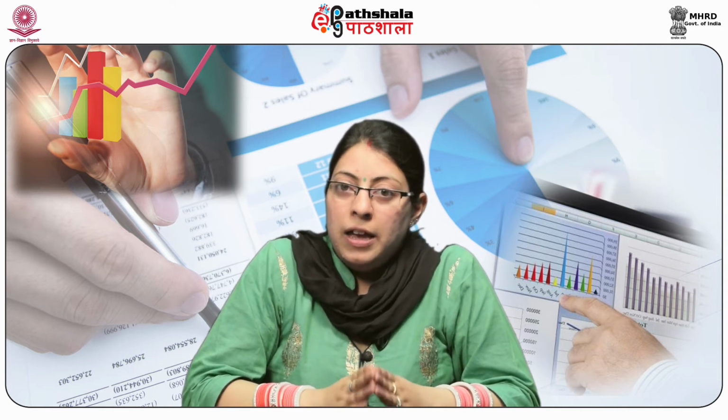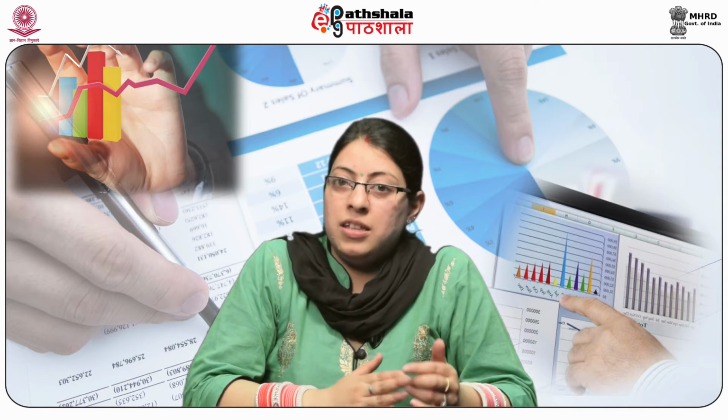Fixed asset to net worth ratio is calculated by dividing fixed assets, that is after depreciation, by shareholders' fund.